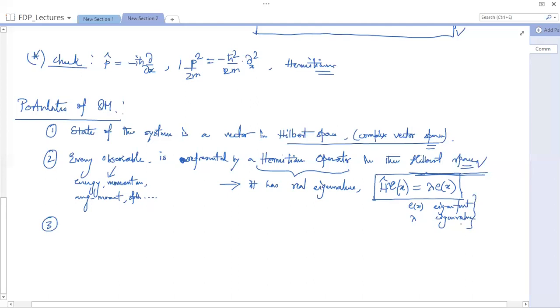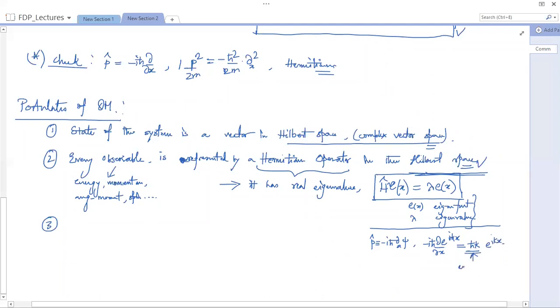Let me give an example: the eigenfunction and eigenvalue of the operator p bar, which is minus i h bar d/dx acting on psi. If you take e to the power i kx and operate with this, you will immediately get h bar k times e to the power i kx.